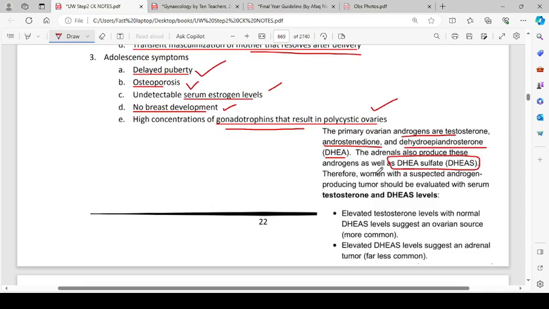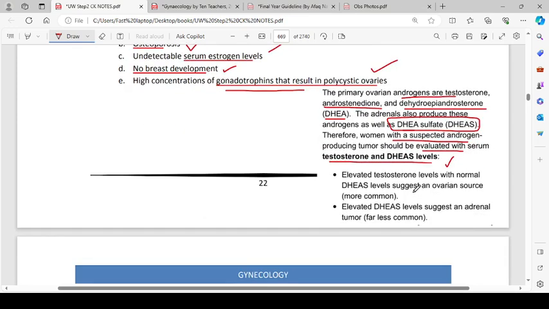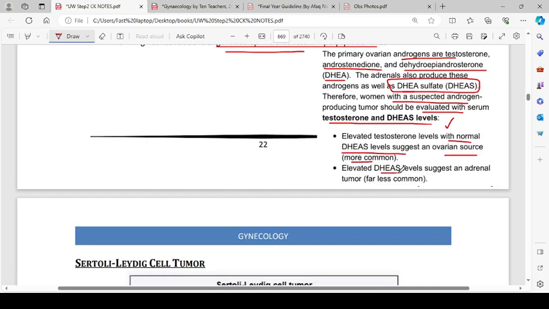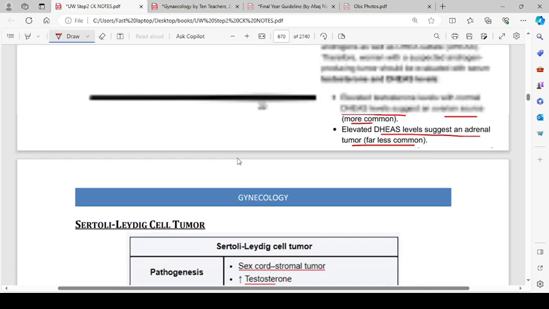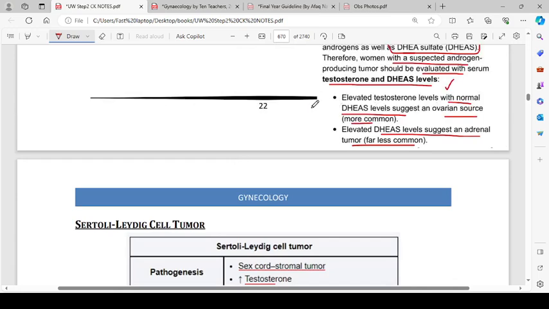Therefore, women with a suspected androgen producing tumor should be evaluated with serum testosterone and DHEAS levels. Elevated testosterone level with normal DHEAS level suggests an ovarian source, more common, and elevated DHEAS level suggests an adrenal tumor, far less common. So ovarian source is more common.